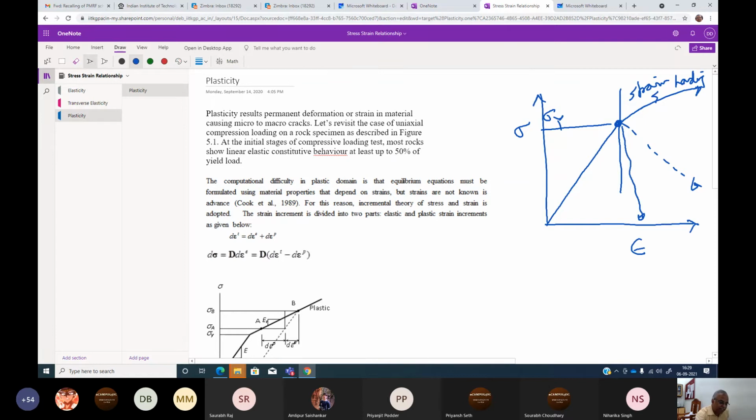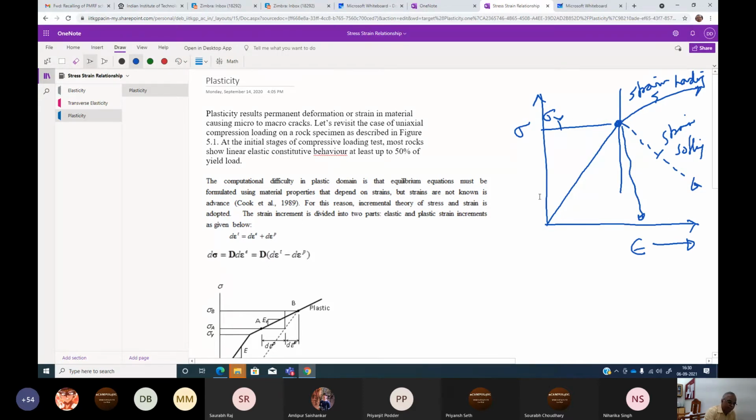If the stress continues to go down as the strain increases, then we call it strain softening. This is called strain softening behavior, and this is called strain hardening behavior. Stress is increasing with strain after the yielding.